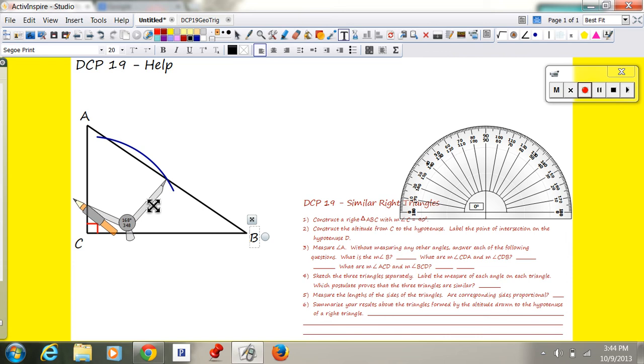From those 2 places, you put your compass on there. You put it right on the spot where they touch. You can make it a little smaller now if you need to. And you're going to make an X above these, where these 2 intersect.